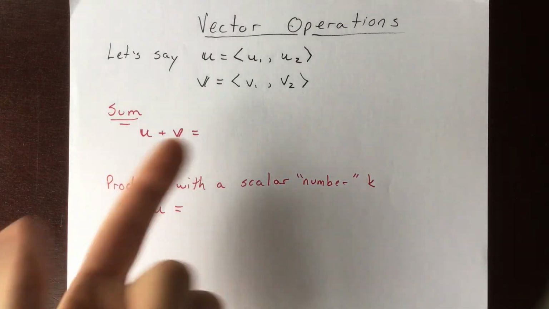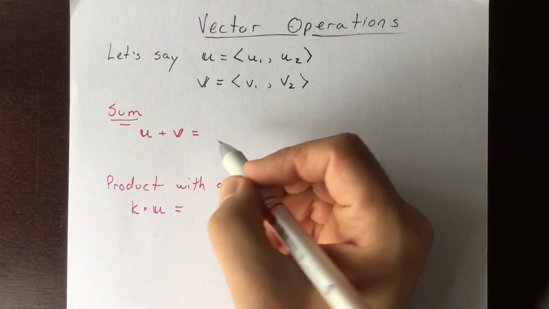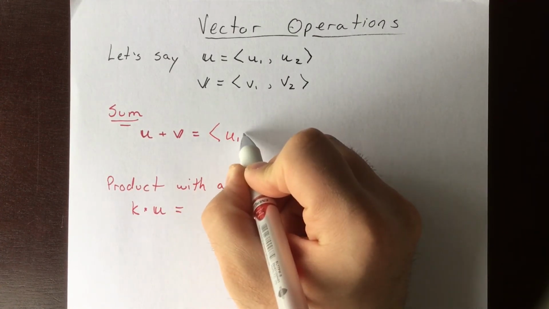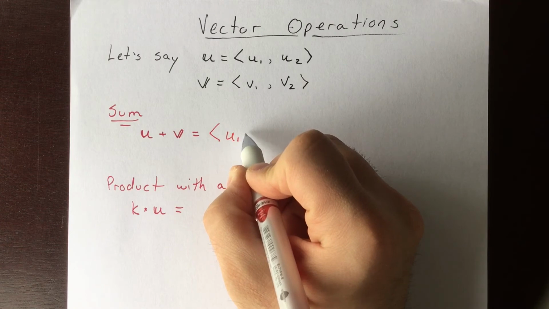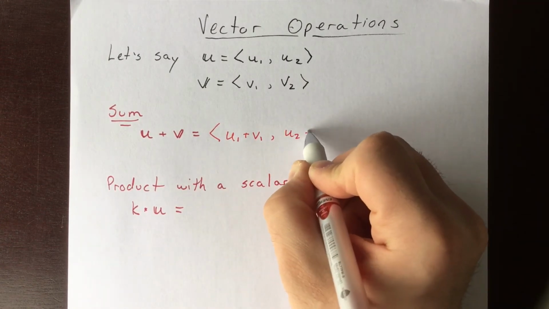So if I have one vector and its components are u1 and u2, and a v and it's v1 and v2, the sum of the two vectors, well, we find the sum of the components, which would say that the sum here is going to be u1 plus v1, and then u2 plus v2.